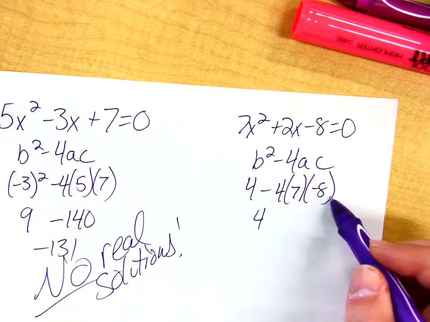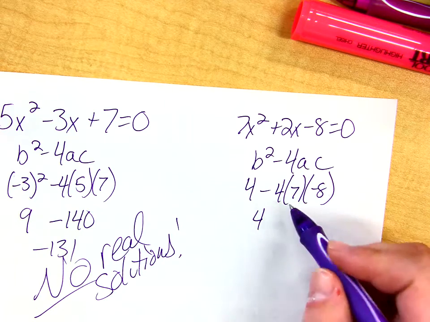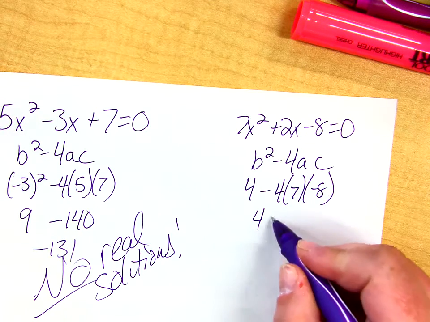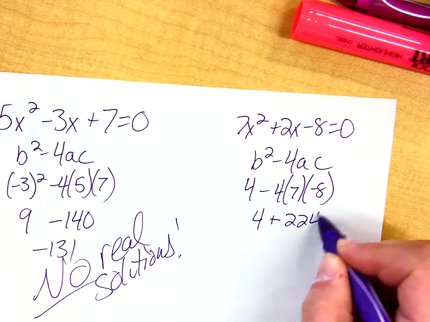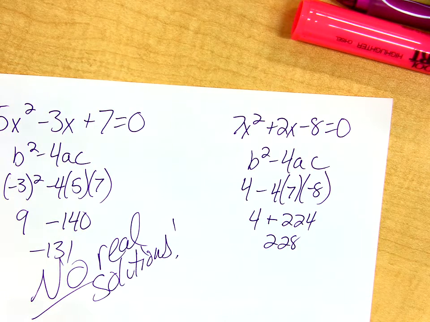When I multiply these three things together, is it positive or negative? Positive! Negative 4 times 7 times negative 8 is a positive 224. So I get 228. All right, that means I will have two solutions, so I need to continue.